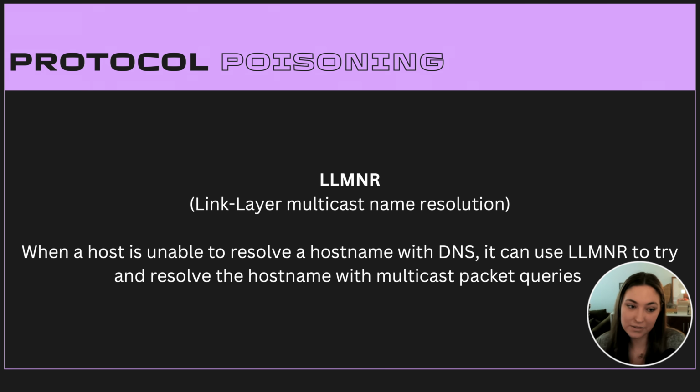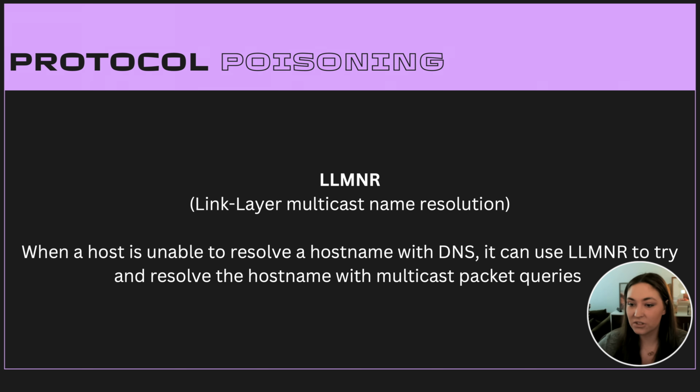Maybe you've heard of this before, but it is Link-Local Multicast Name Resolution. Now, when a system tries to access an SMB share, it will send a request to a DNS server, which then resolves that share name into an IP address, just as you would know with traditional DNS.